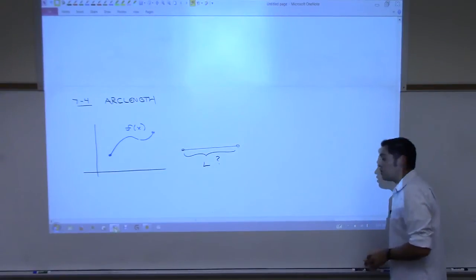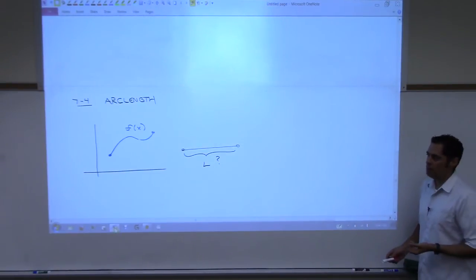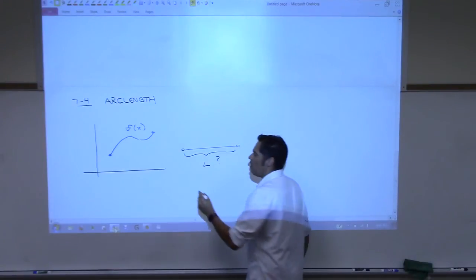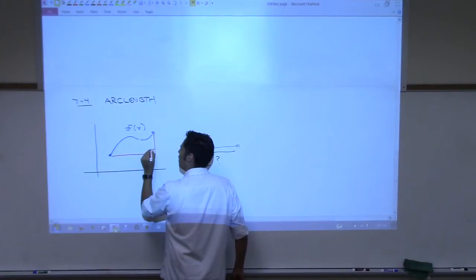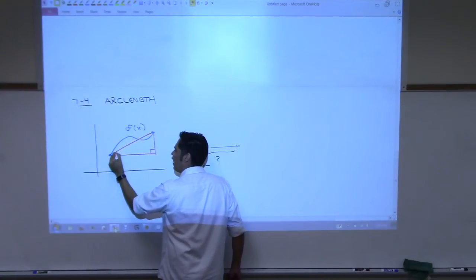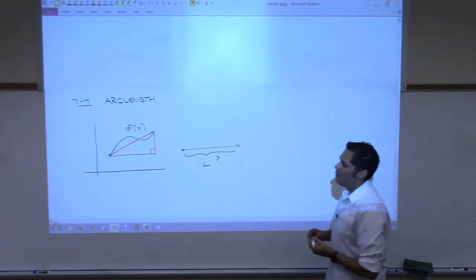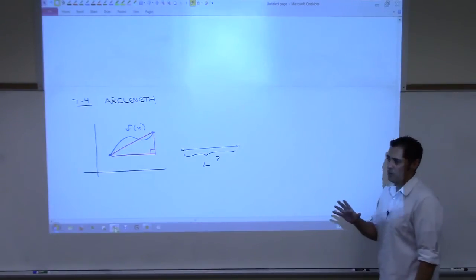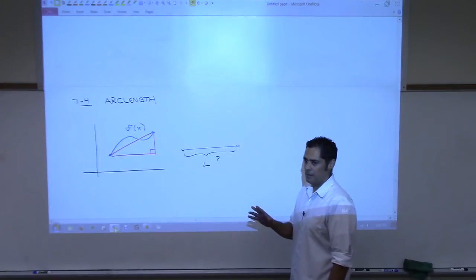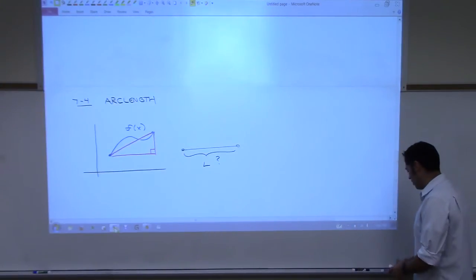Well, one thing we could do is approximate it. We could imagine creating a right triangle here, connecting these 2 points with a hypotenuse. And that hypotenuse would be an approximation. We would be way off though, right? So how could I get a better approximation?